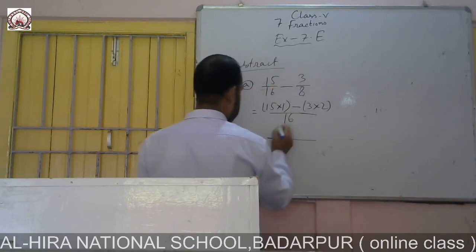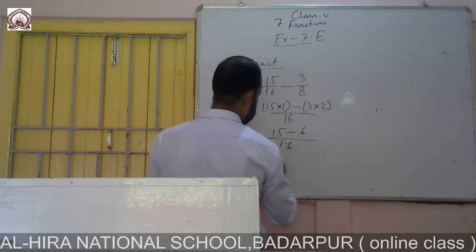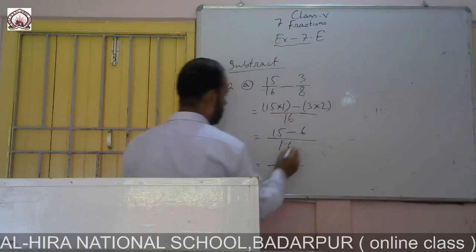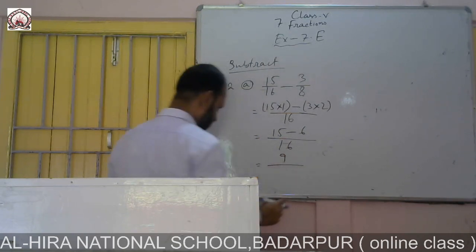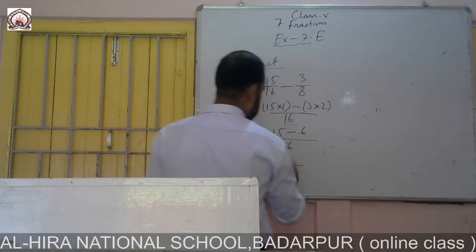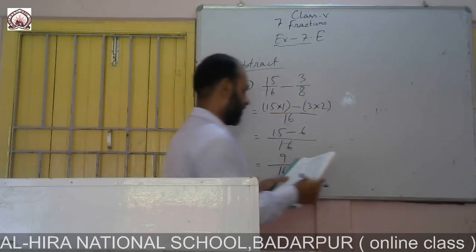Next, 15 ones are 15 minus 6 by 16. So 15 minus 6 is equal to 9 over 16. Answer is 9 by 16.